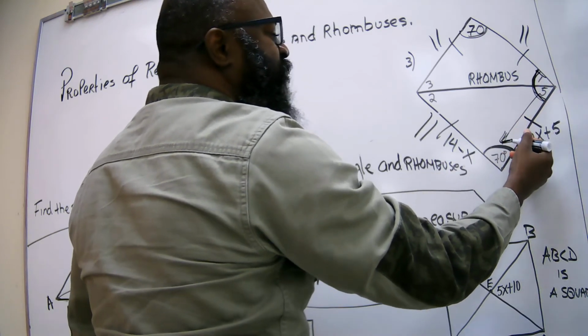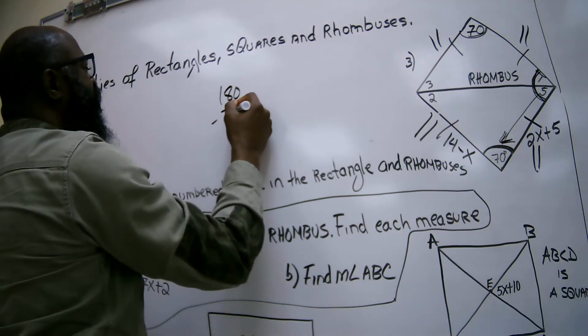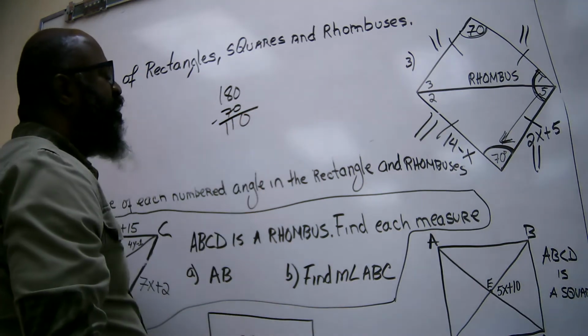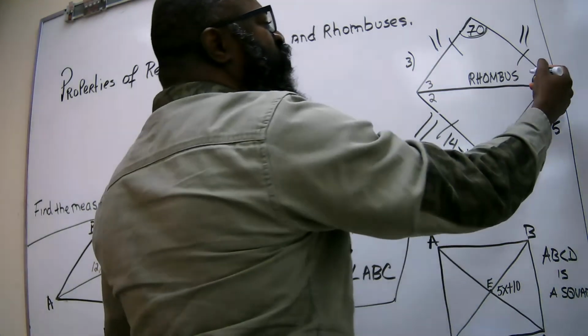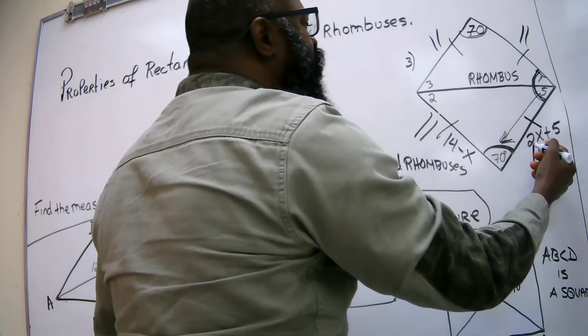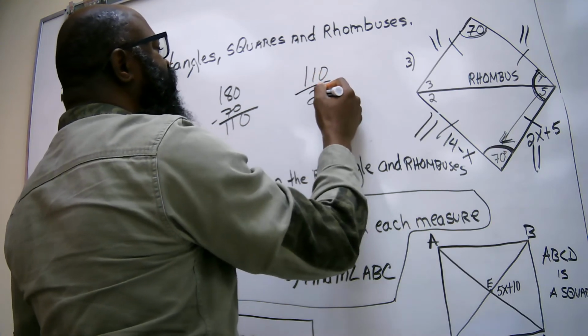So we're going to take 180 minus 70. That will give you 110. Now 110 is for both angle 1 and angle 5. Angle 1 and angle 5 are congruent. Therefore, you're going to take 110 and divide by 2 to find the measure of each angle.